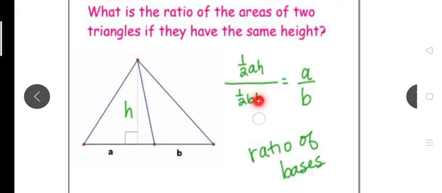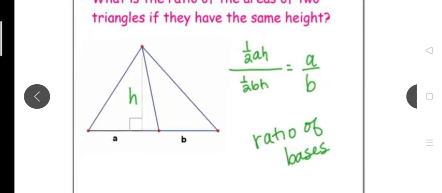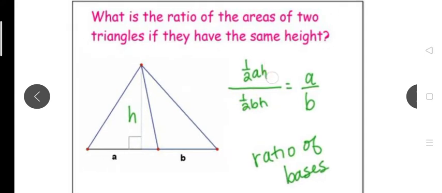Students, 1 by 2 A into H is the area of one triangle, and 1 by 2 B H is the area of another triangle. Now this half will cancel out, and this H also cancels out because of the same height. Therefore, the ratio of the areas of two triangles which have the same height is equal to A upon B.